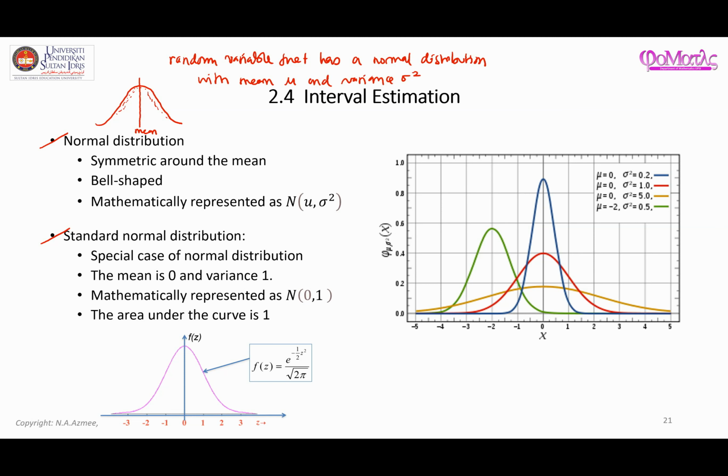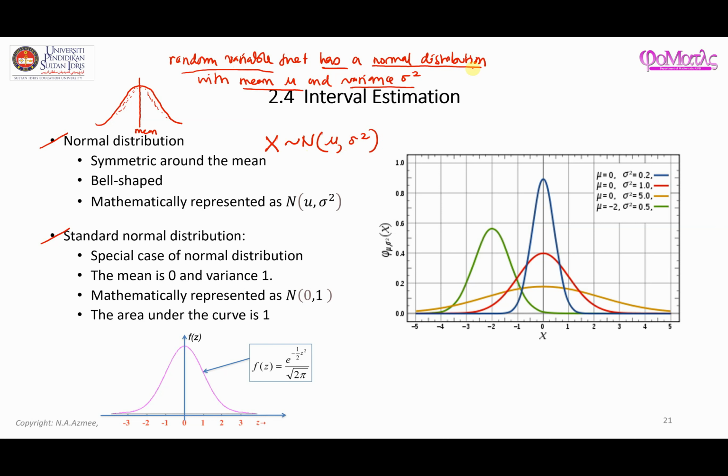Now this long sentence can be mathematically represented as, for example, capital X, which represents the random variable, has a normal distribution with mean mu, so this is the position for mu, and variance sigma squared.